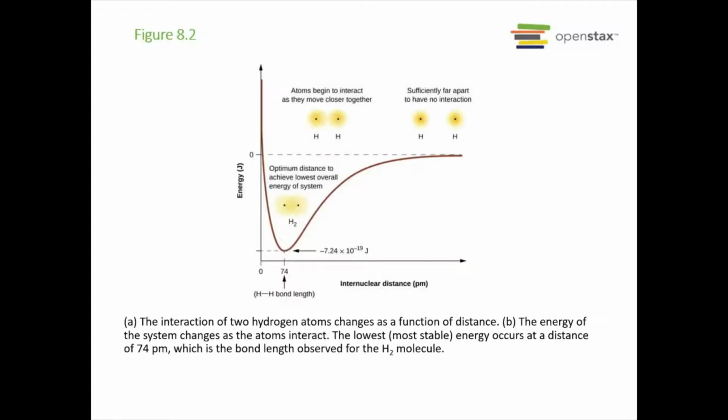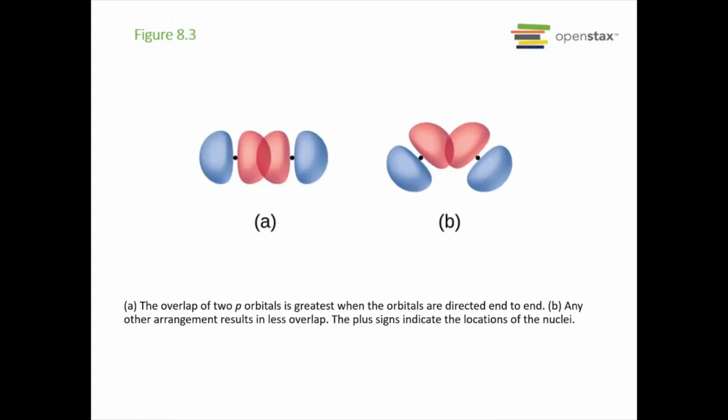We looked at this picture before, this graph of a hydrogen molecule forming from 2 hydrogen atoms. As they get closer and closer together, they get this optimum overlap to get the lowest overall energy of the system. Again, overlap very much influences the strength of the bond, so the orientation and how much overlap there is. These are 2 p orbitals that are overlapping in 2 different ways.